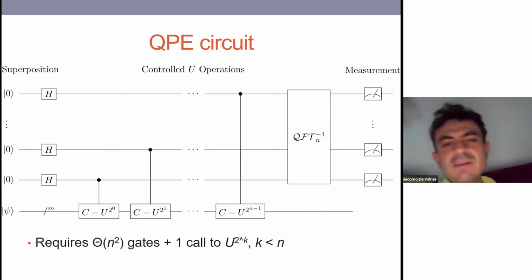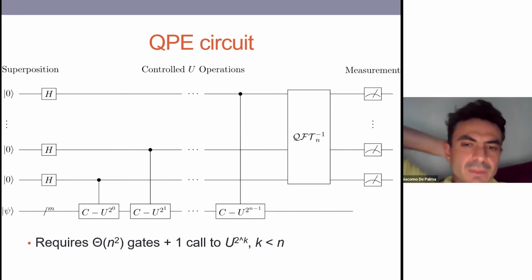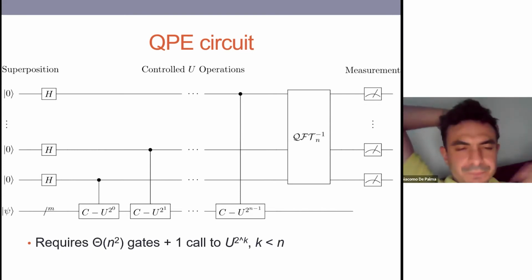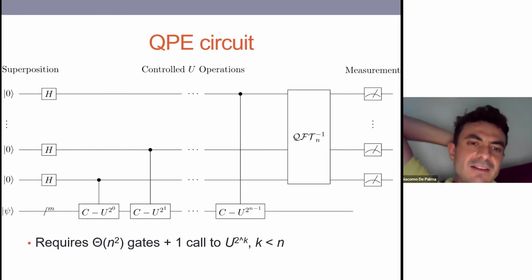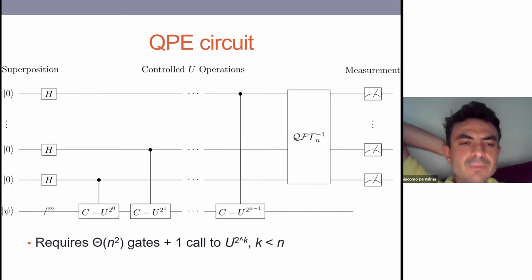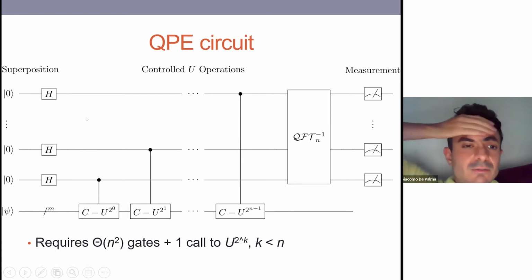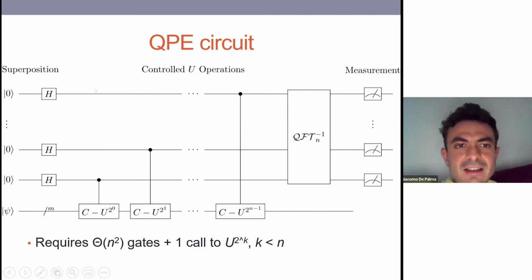And then we have to apply the unitary operator U a number of times that depends on the number which is encoded in the vector of the canonical basis associated to the first n qubits of the auxiliary n qubits.